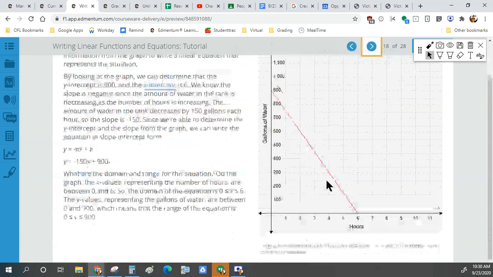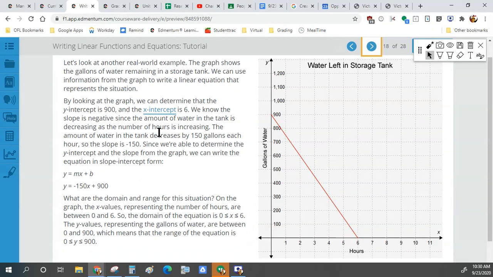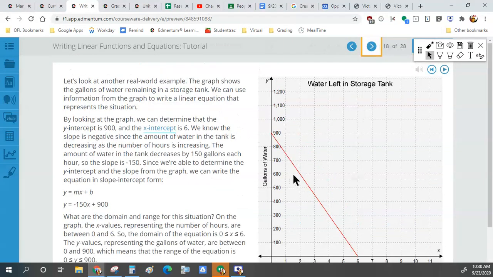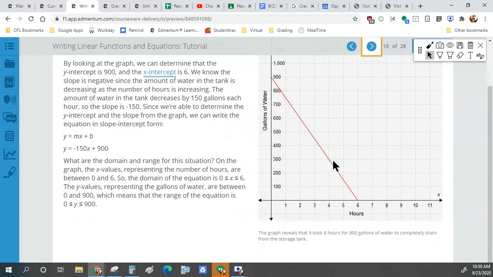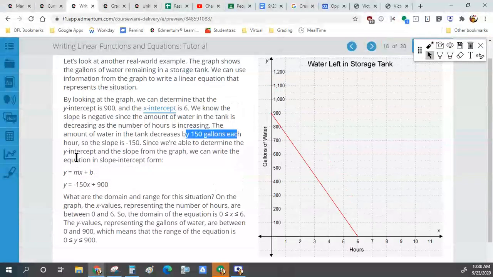All right, so if we're looking at something else, in this case, look at another real life example. In this case, the y-intercept is, we know that the negative slope. Okay, so this one, we're going to be using up water. So there's water in the tank, and the slope goes down 150 every hour. So every hour we go down 150.